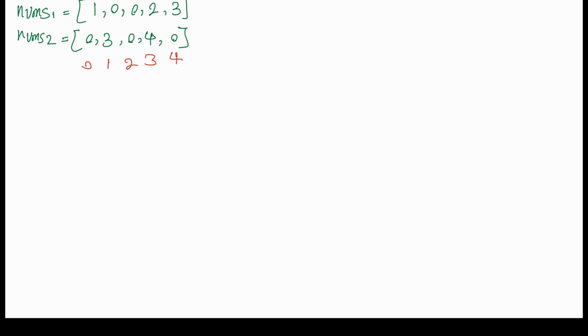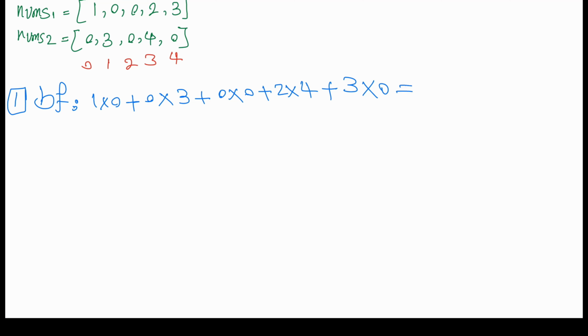So the first solution is the brute force approach. Going through all of these values, it is 1 times 0 plus 0 times 3 plus 0 times 0 plus 2 times 4 plus 3 times 0, and this is equal to 8. Okay, so what is the time and space complexity here?